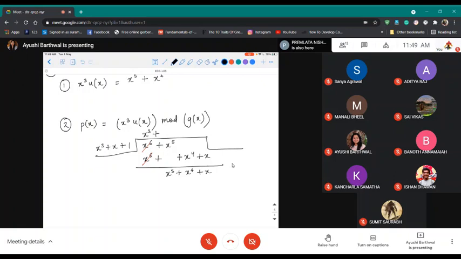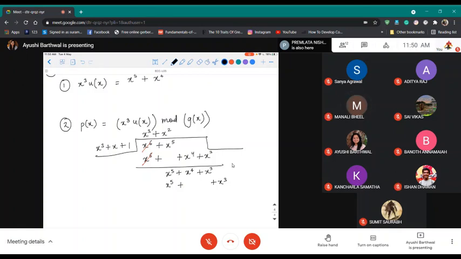Next we multiply by x square so that the higher order term is x5. Ma'am, wouldn't it be x cube instead of x? Sorry, yes, it would be x cube.